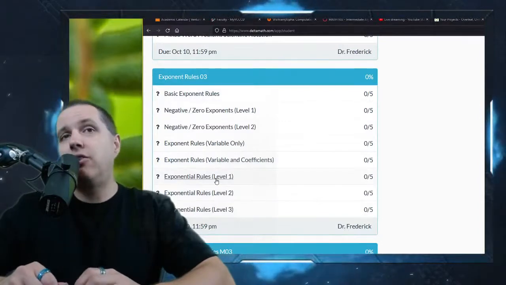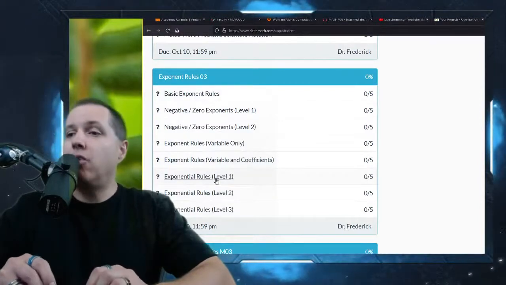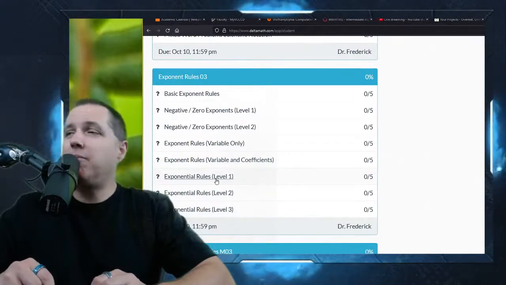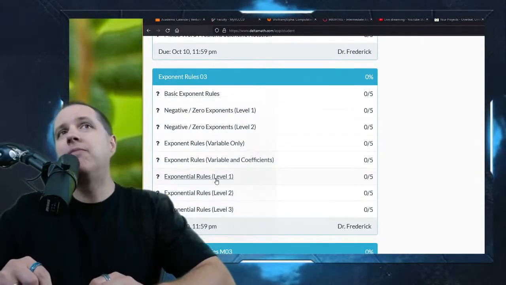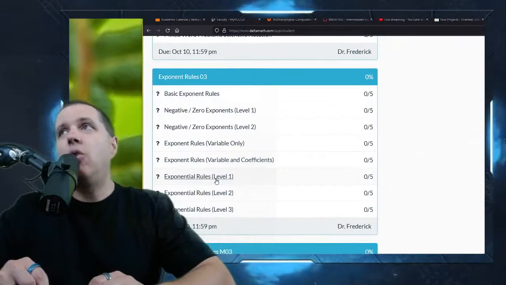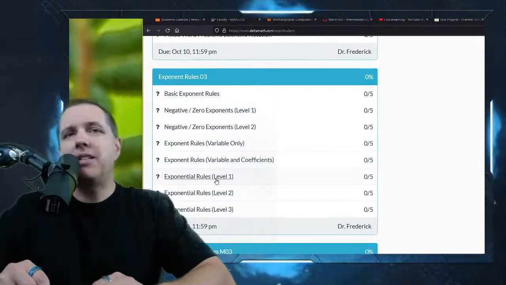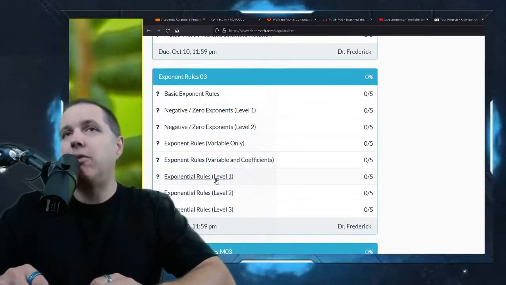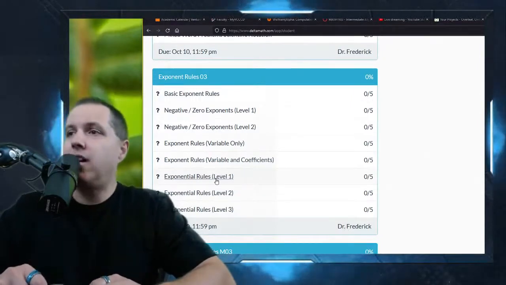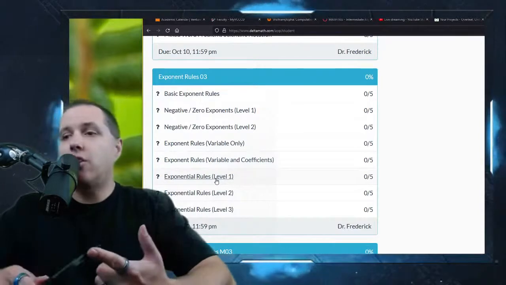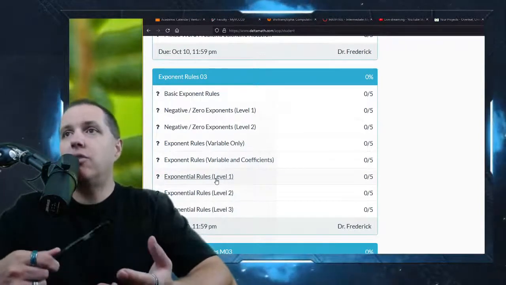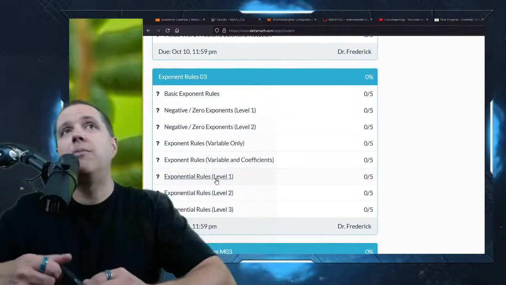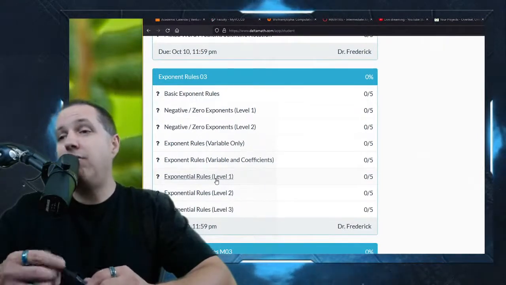Now, that doesn't mean that's all you need to know. Depending on what class you're taking after this one, if you're going into basically anything other than statistics or the topics class, those two classes don't use a ton of exponents. But if you're going into college algebra, trigonometry, pre-calculus, if you're going the calculus route, any of that kind of stuff, exponent rules, you're going to have to be very good with them.